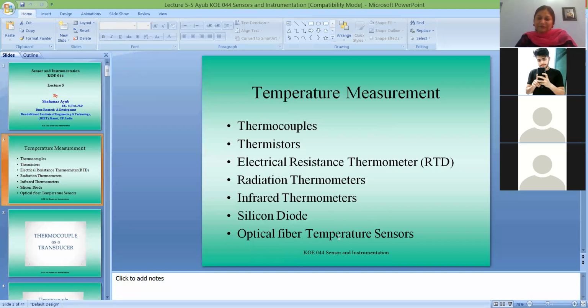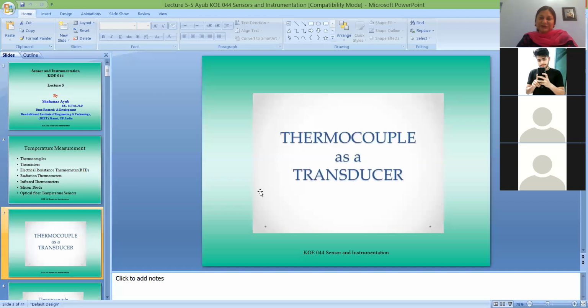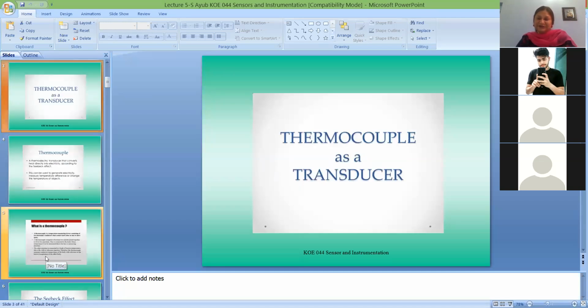Then you have optical fiber temperature sensors. We'll see all these. We'll start with thermocouple. You must have studied its principle, I think in 12th standard. What is the principle of thermocouple?